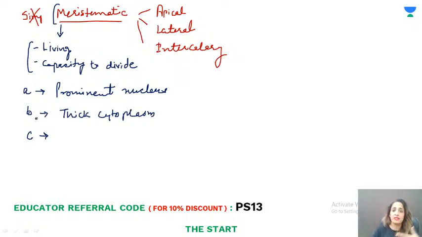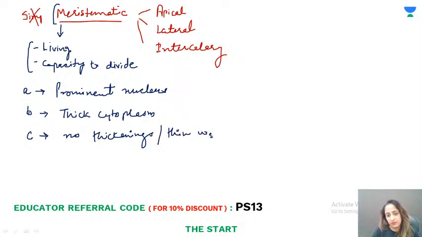Because they are dividing, they are making more protein, more substance for the next cell. Okay, because they are dividing into new cells, right? They have thick cytoplasm. There are no thickenings present, meaning they are thin walled cells.